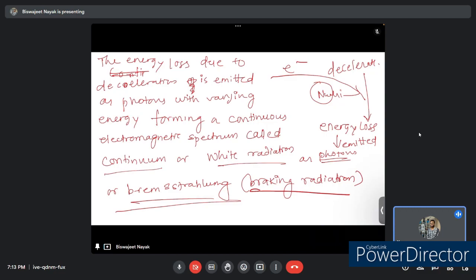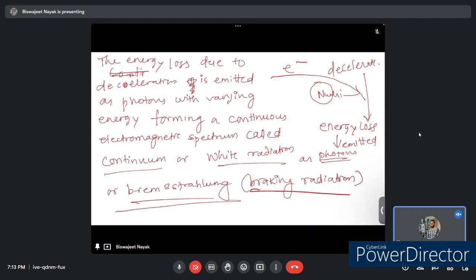So what is the notation used for characteristic X-rays? These X-ray lines are usually denoted by the shells from which the electron is ejected.